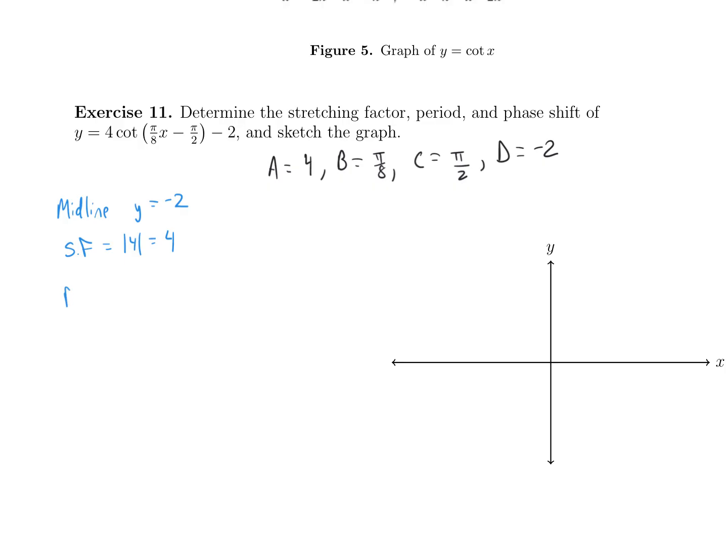All right, the period is the same as tangent, pi over absolute value of b, which is pi over pi/8, which means if you multiply by the reciprocal, you'll get the cancellation of the pi's, which leaves us with 8. The increments are going to be period over 4, 8 over 4, which is 2.